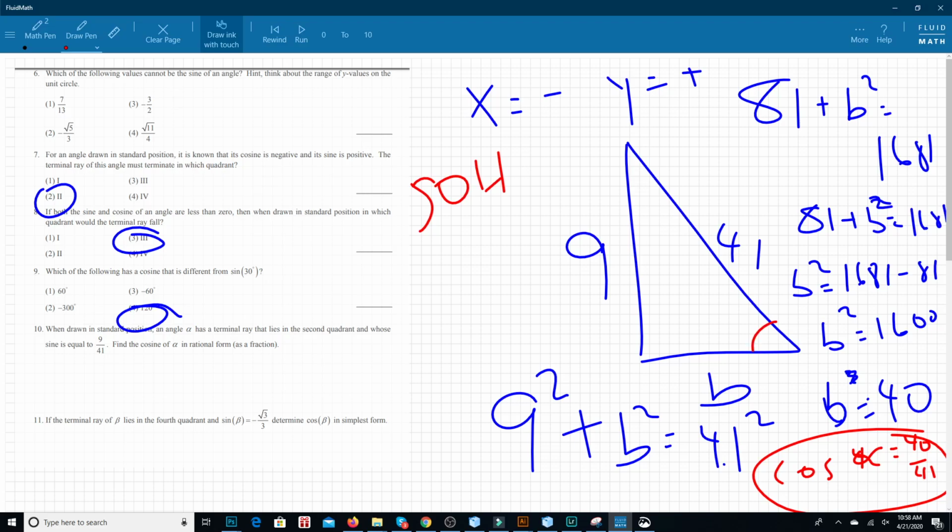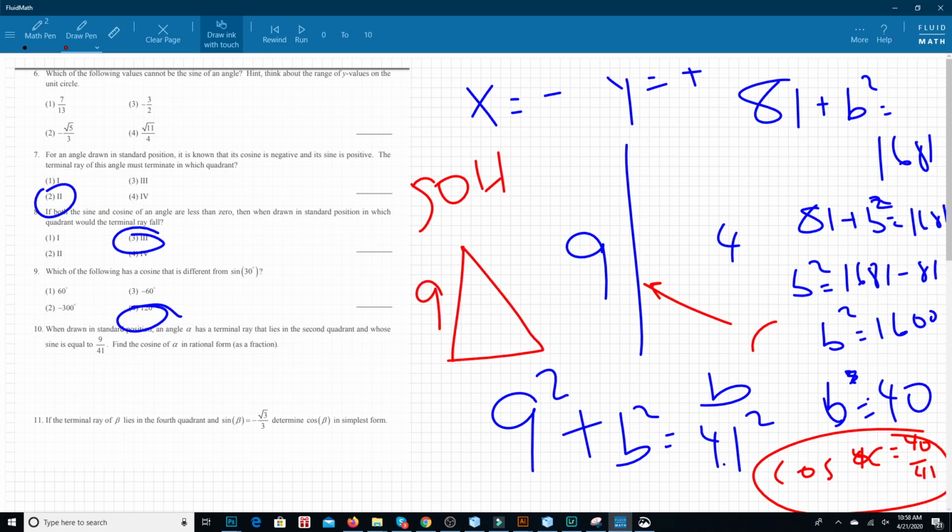So this is my reference angle right here, and this is my terminal side. What's opposite of this is 9, and 41 is my hypotenuse. So now I know how to set up my right triangle: 9, 41, and that's B.